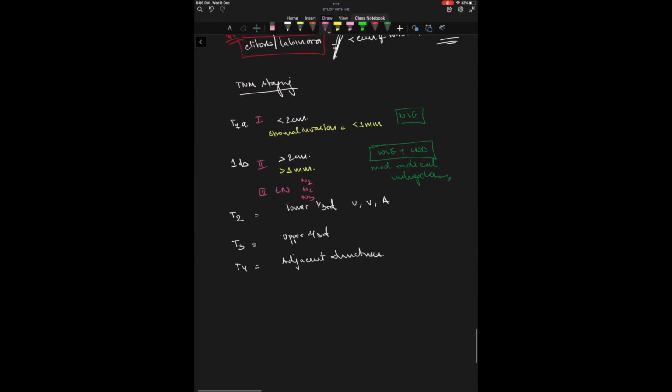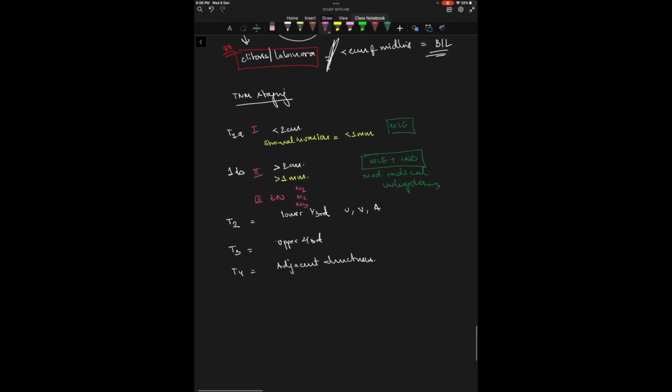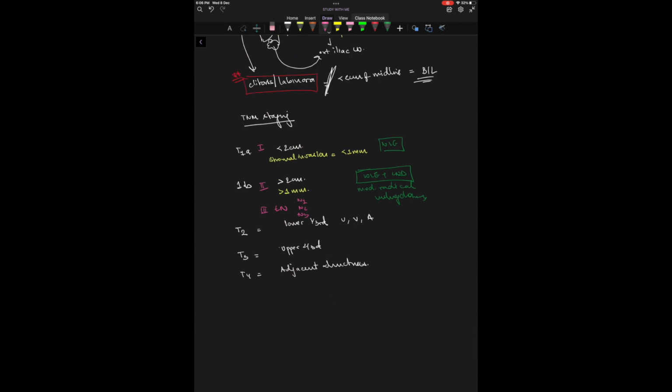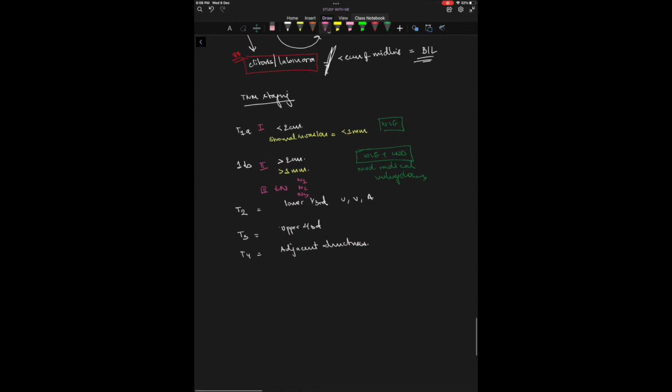This will be stage 3, nodes and upper 2/3 of vagina.